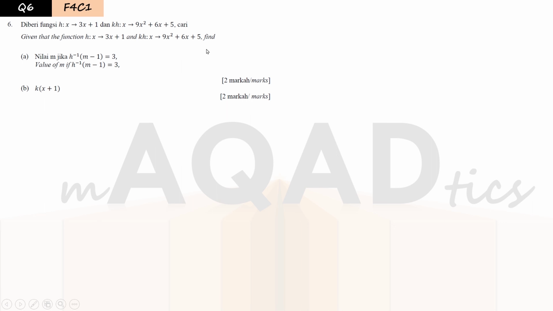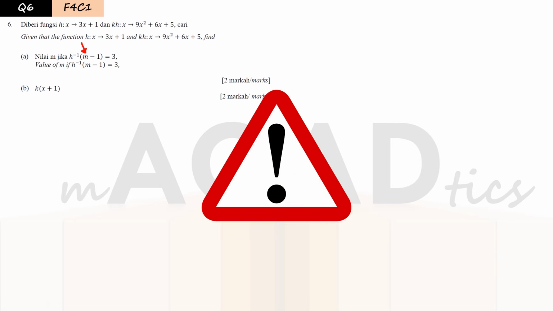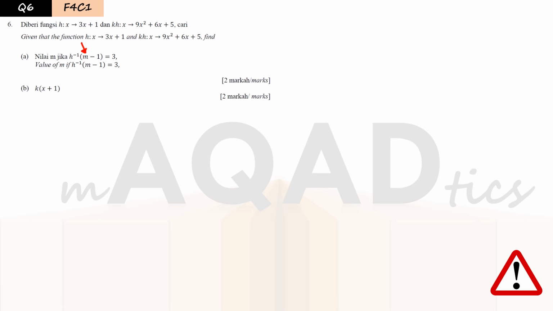In part A, we need to find the value of m if the inverse of h of m minus 1 equals 3. The value that we are trying to find is inside here. To find the value of m, why not we draw some diagrams by focusing on the function h first. Let's draw diagrams for these two functions.